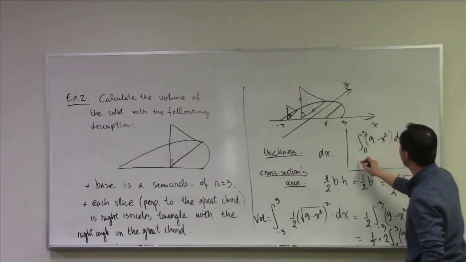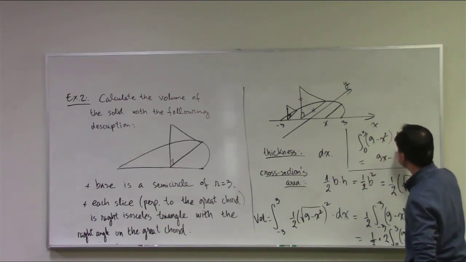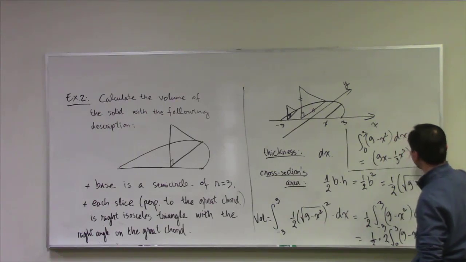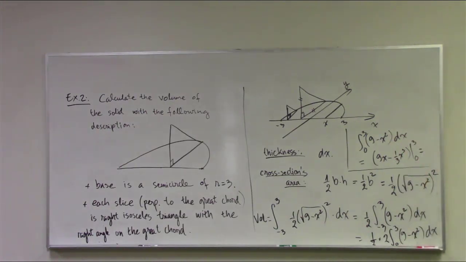So that's now making it 9x minus 1/3 x cubed, evaluating it from 0 to 3. That's making it quite easy for the calculation. 18.